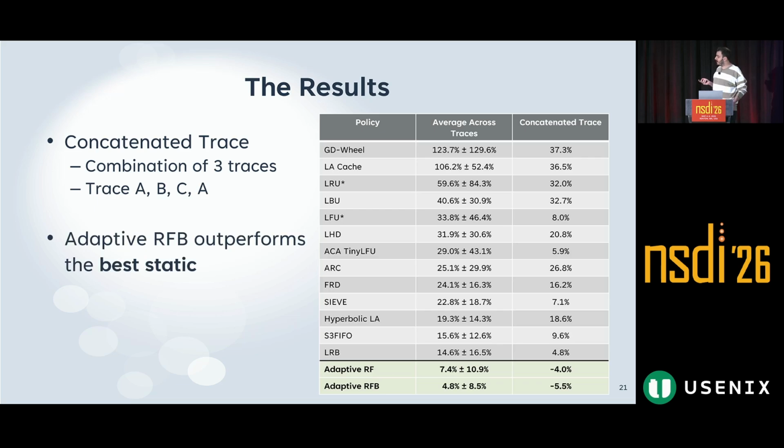And what we can see is that the adaptive RFB pipeline outperforms the best static. And I want to stress here that it is the best configuration that was chosen with full knowledge in advance about the trace, and we still outperform it. It means that we are doing some changes on the fly that make our performance even better than what we could have done if we had known the trace in advance.